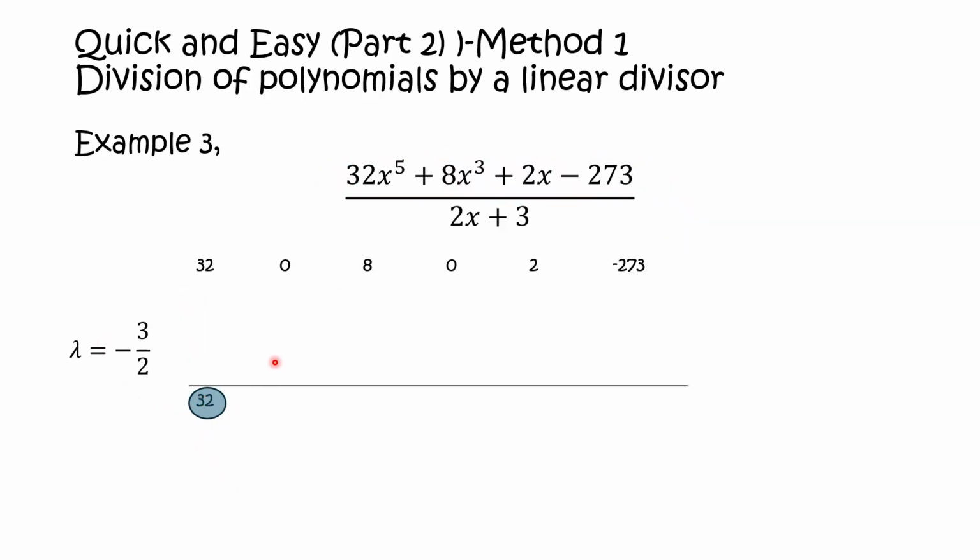Then we drop, of course, the leading coefficient, which is 32 in this case. We multiply that 32 by the lambda after we have dropped it. So we are going to have a negative 48. So negative 48 plus 0, we get minus 48.